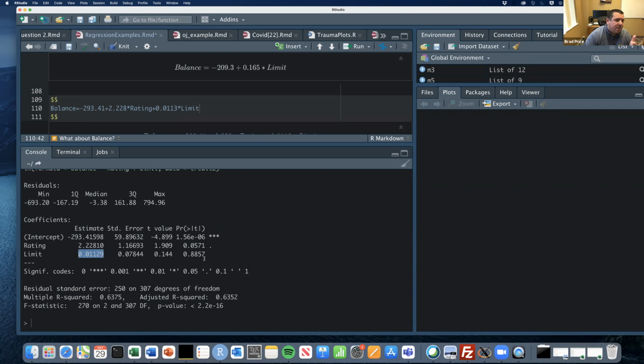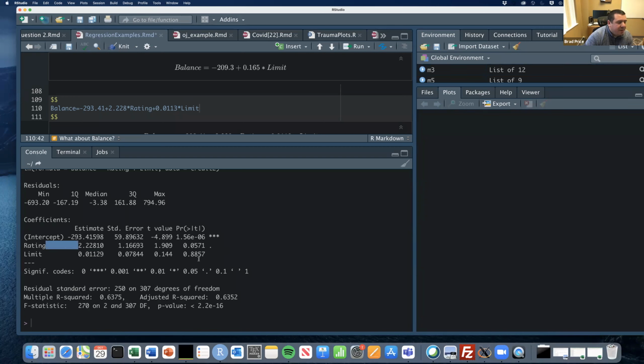The slope right here is for limit. What this p-value says, listen to how I say this: is the slope for limit equal to 0 when rating is in my model? That's what it's testing.